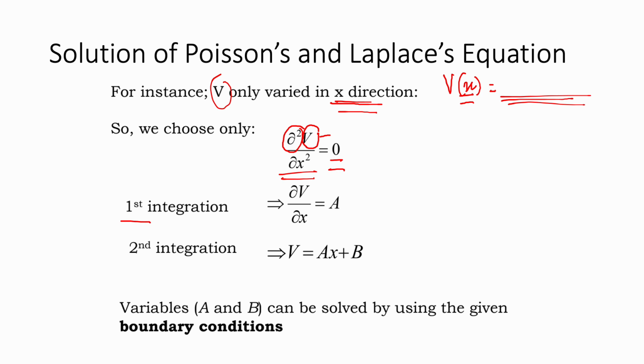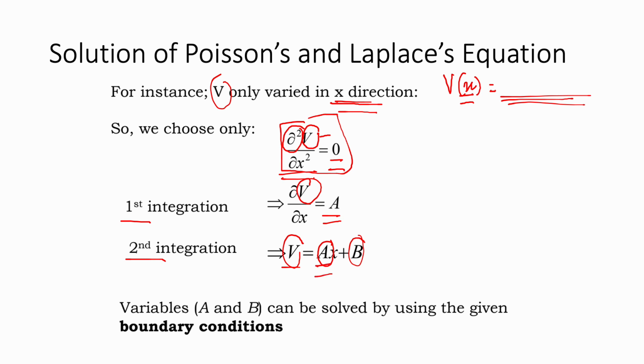The first integration of this equation gives dv over dx equals a. For the second integration, we are able to obtain v. Therefore v equals ax plus b. A and b are unknown variables.